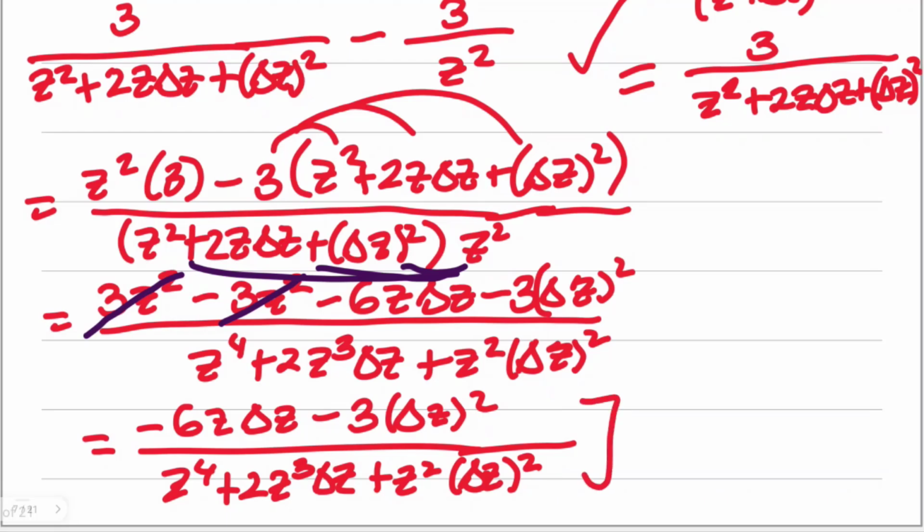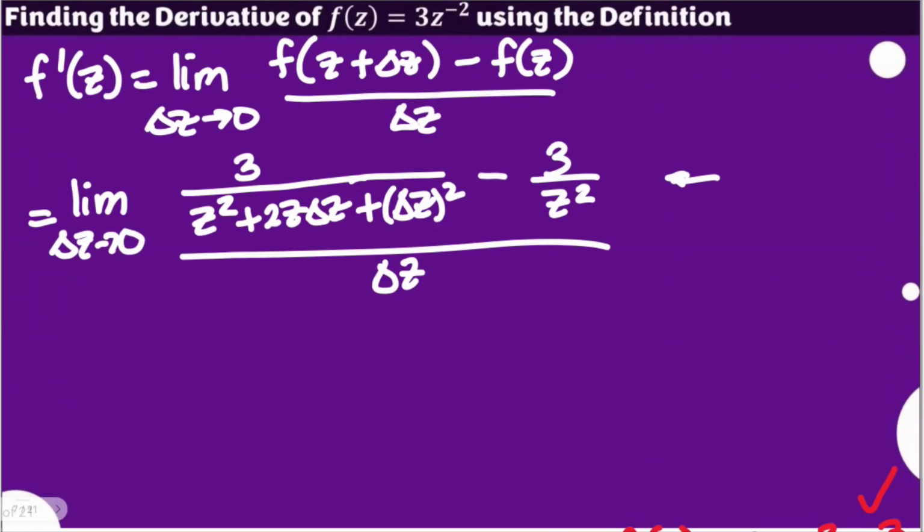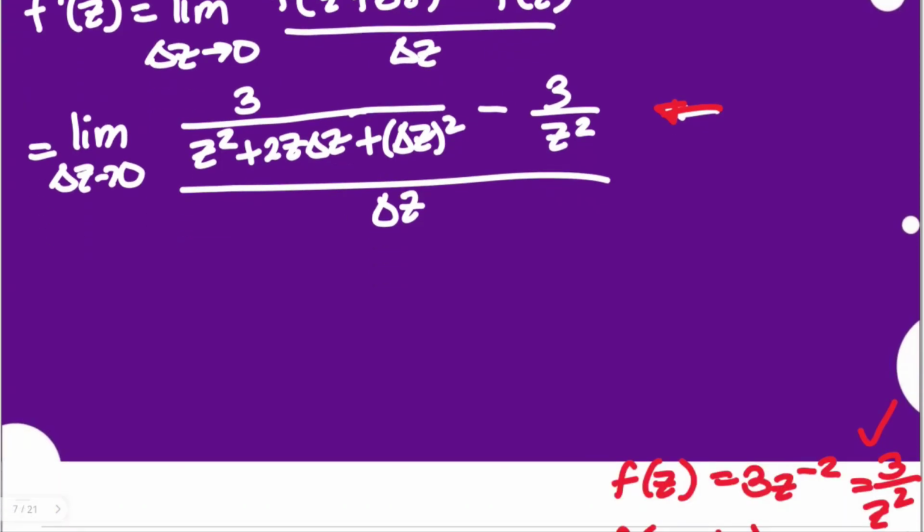Now this is good, but take note, this is just a portion of our limit function earlier, because that is just the numerator itself. So allow us to write it here and continue. The limit, I'm going to write this first here.